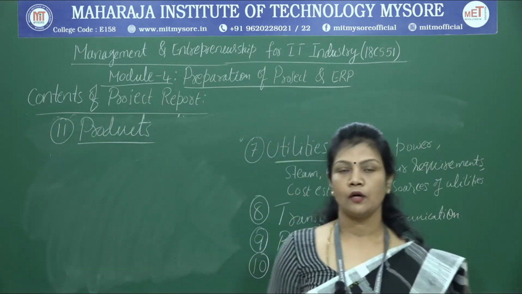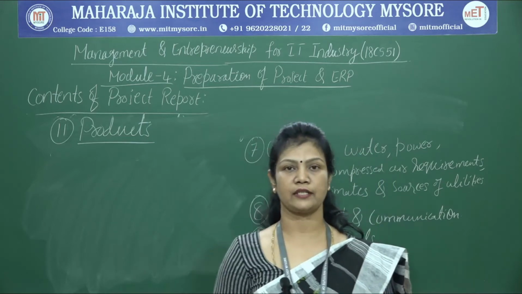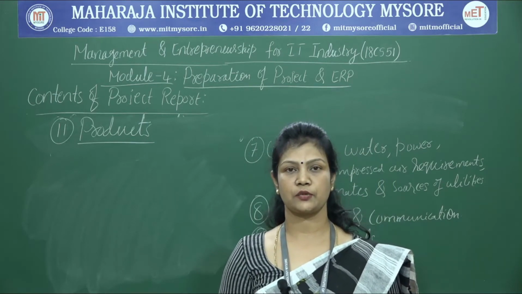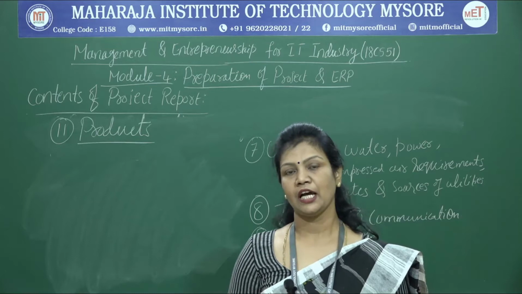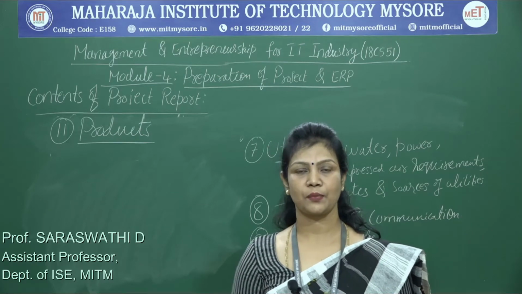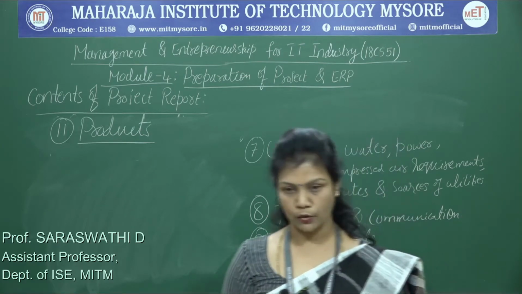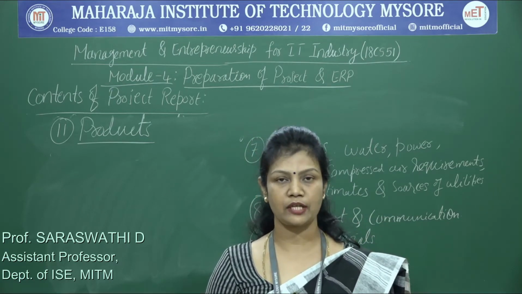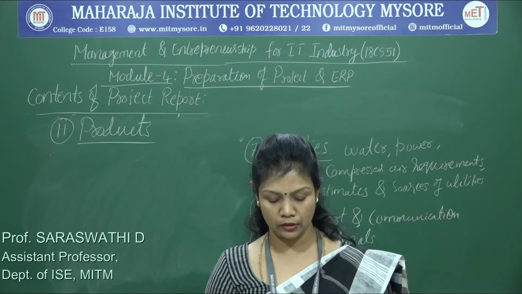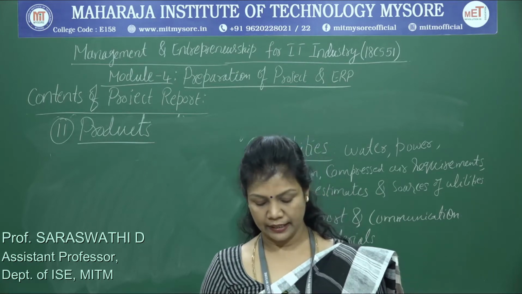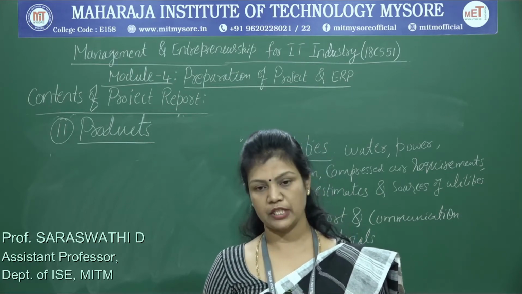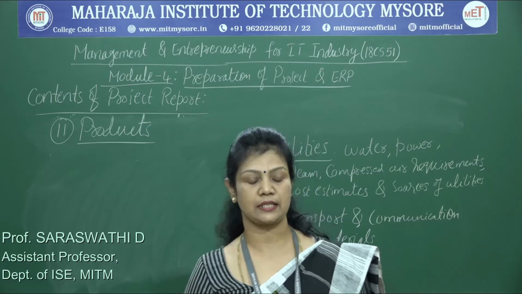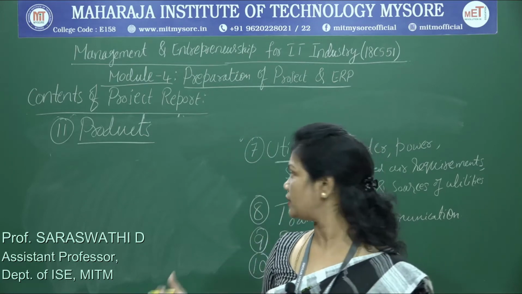So here, what are the different types of products that the organization is going to manufacture, along with what is the product mix they are going to make, what is the estimated sales of the product which is going to be developed within the organization, and also what are the competitions and the capacities they are going to mention here.